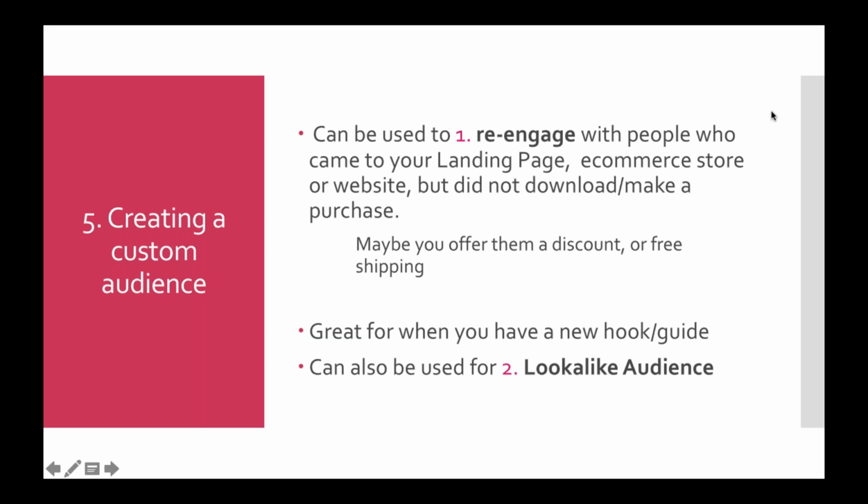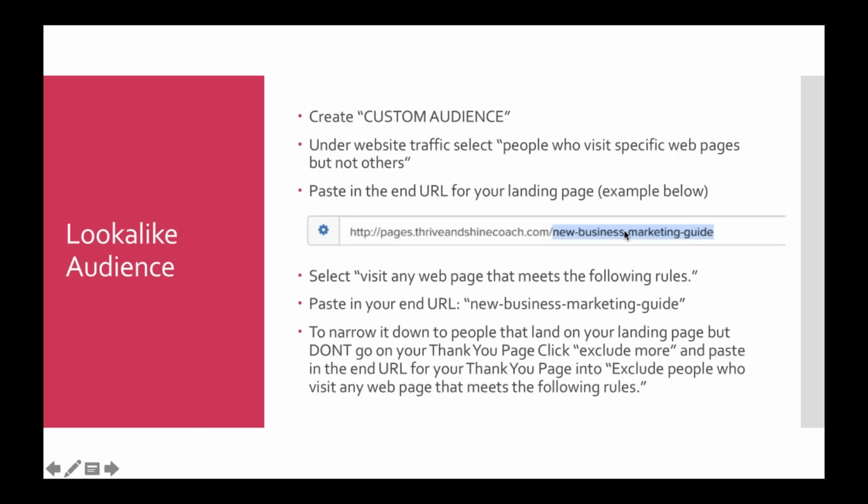So you can either re-engage with people or create a lookalike audience, which, go figure, is an audience that looks like the people that have downloaded your guide. So two things: people that haven't, or people that look like the people that have. Hopefully that's very, very straightforward. So how do we do that?